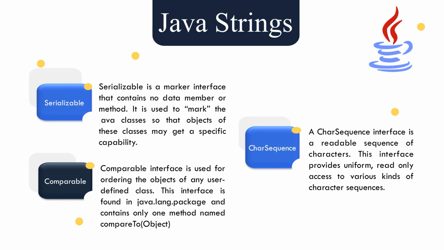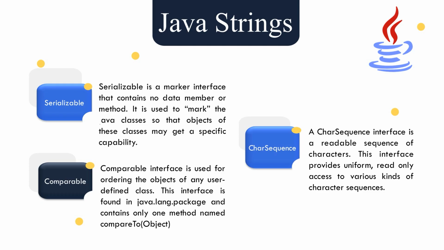Now Serializable is just a marker interface. A marker interface does not contain any data members or methods. It basically marks Java classes so that our compiler can come to know about these classes. Serializable classes are the ones whose state we can save in files.